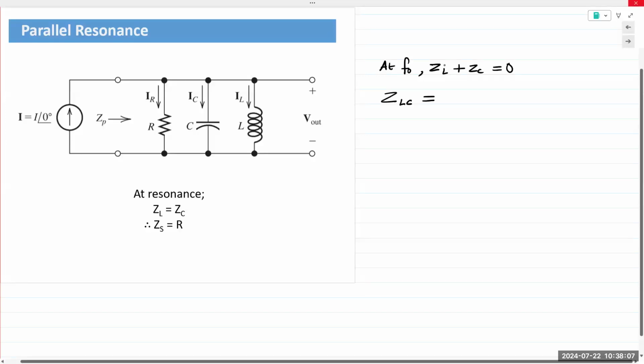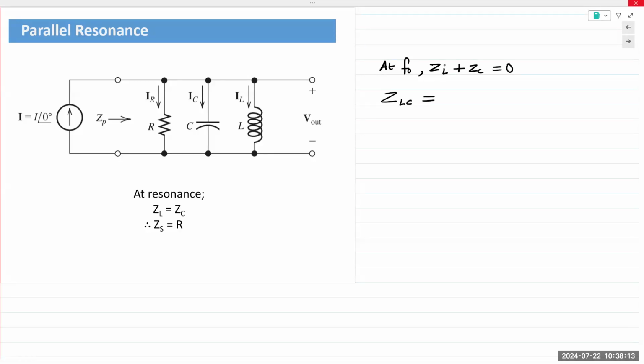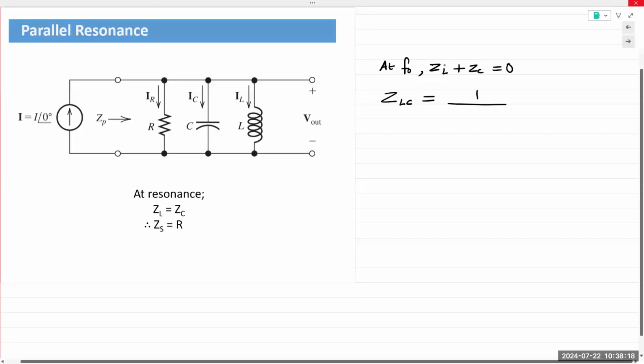if I try to mathematically add up the impedances of the inductor and capacitor, what do we obtain? ZLC would be 1 over ZL plus 1 over ZC. And then if we solve this, what do we get? This is the sum of the two, product of the two divided by the sum of the two. So you get ZL times ZC divided by ZL plus ZC.